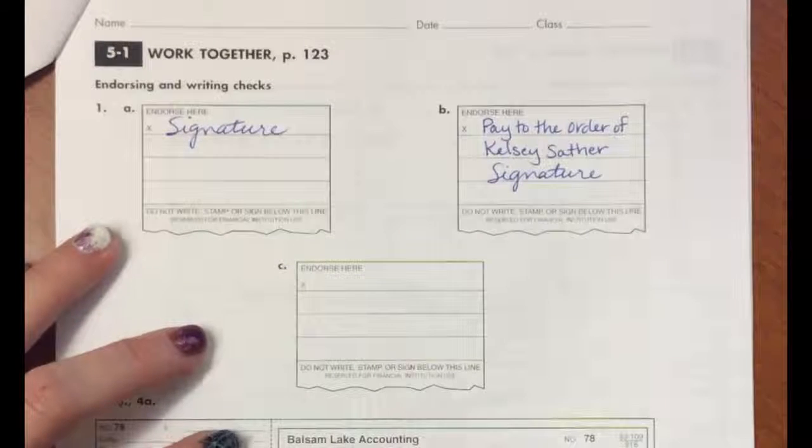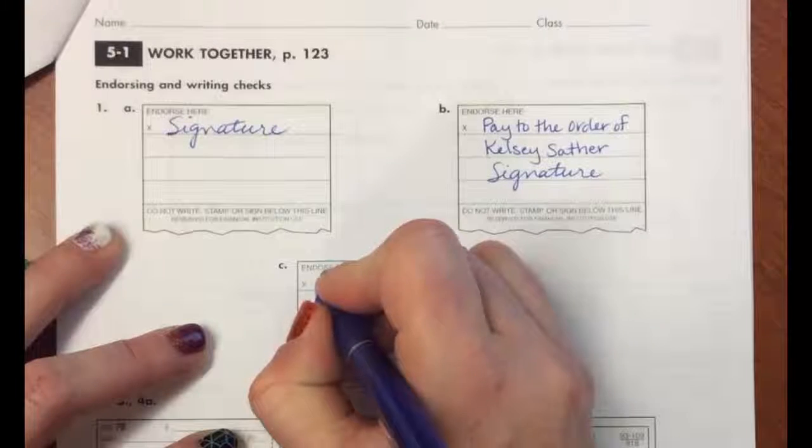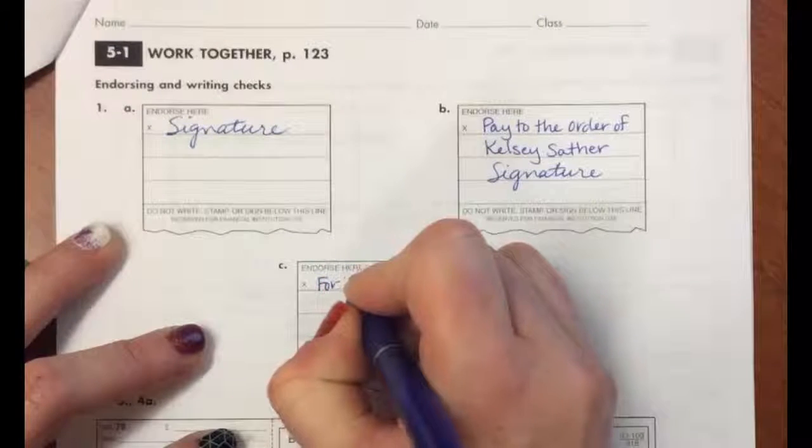Okay, then for our third endorsement, we're writing a restrictive endorsement to deposit a check in the account of Balsam Lake Accounting. So we put on here for deposit only.